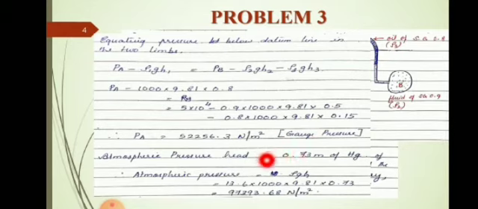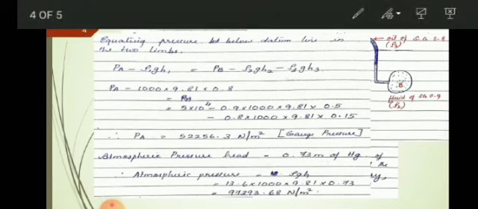The barometer reading is given as 730 millimeters of mercury or 0.73 meters of mercury. So the corresponding pressure will be rho GH: 13.6 into 1000 into 9.81 into 0.73, and the atmospheric pressure is 97393.68 Newton per meter square.